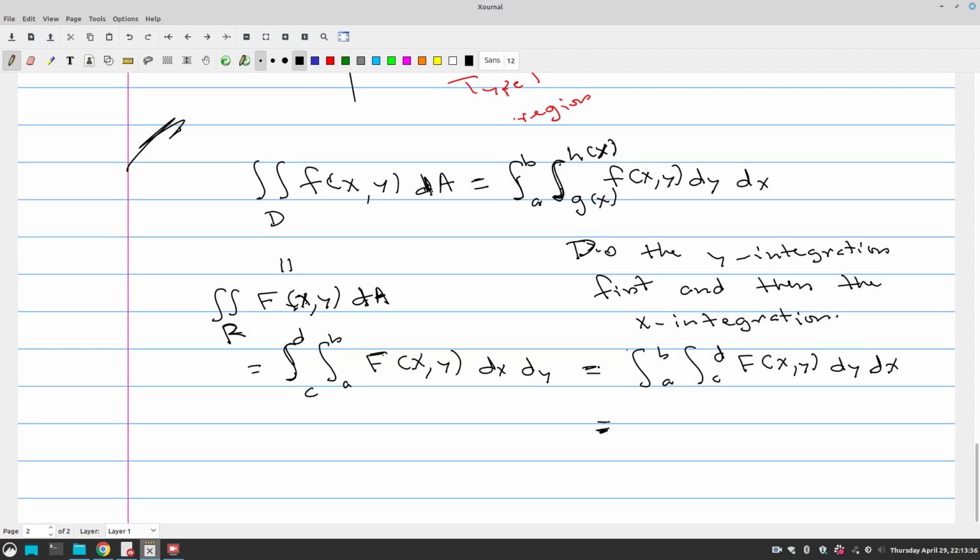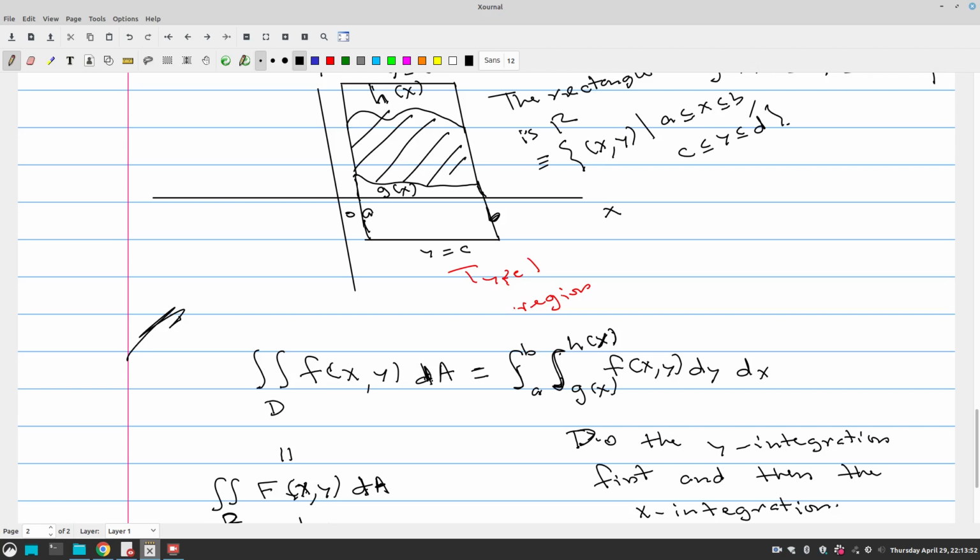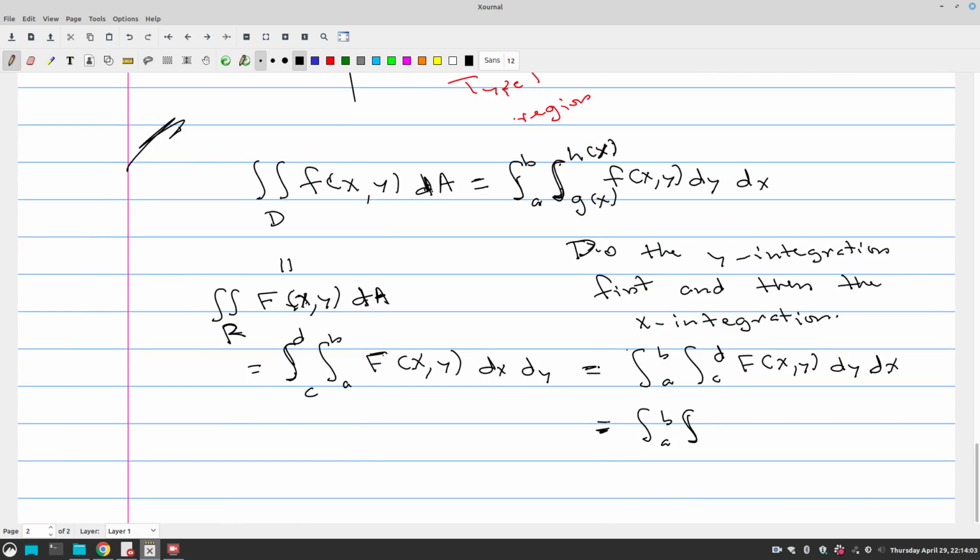But the same integration, you should be able to write as the integral from a to b, and then instead of c to d, you could write the limits as g(x) and h(x), because remember, F is 0 outside D. So my limits are g(x) and h(x).